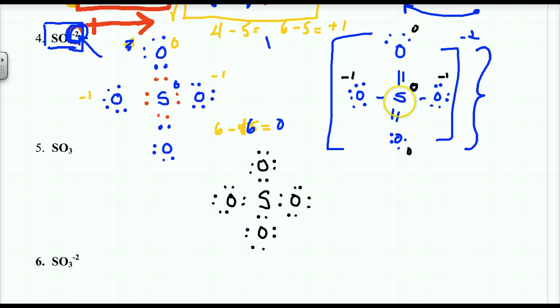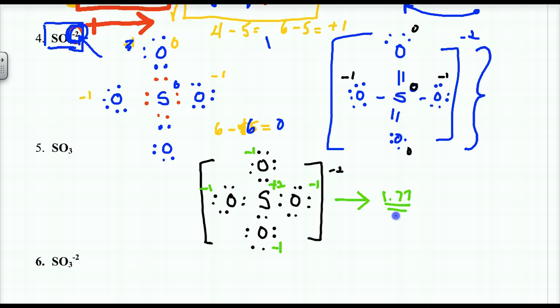We're just not sure. One possibility is someone has looked at this structure and said that this is the structure for the sulfate ion, okay? And we notice that the structure will have a +2 for the sulfur and -1s for the oxygen, giving us an overall -2. Some people have suggested that this is the case because when they put this in a computer, they actually measured the sulfur to be 1.77-ish, not 2.